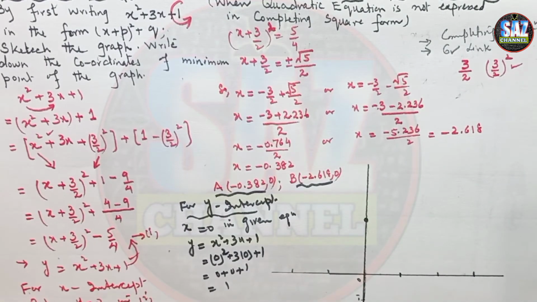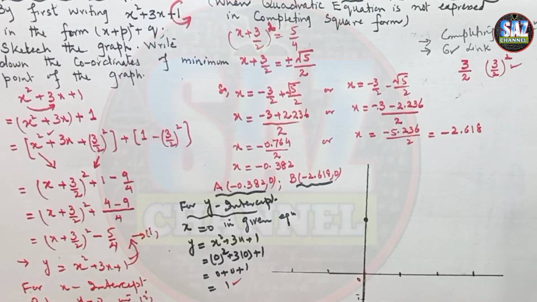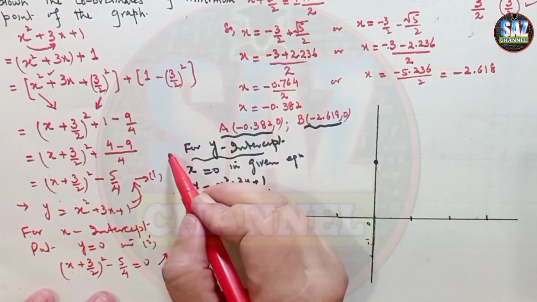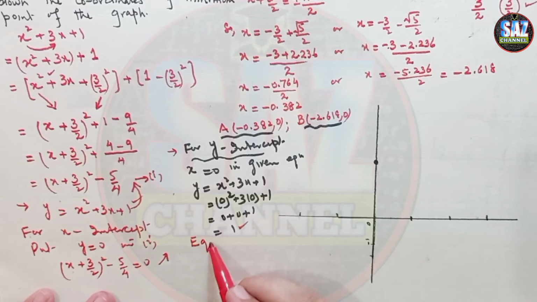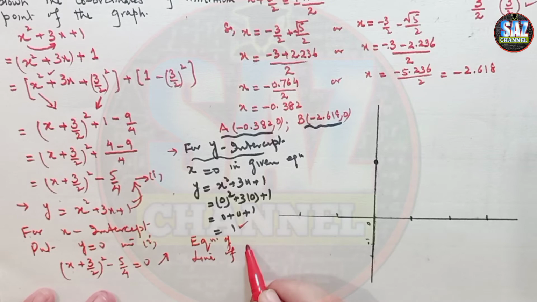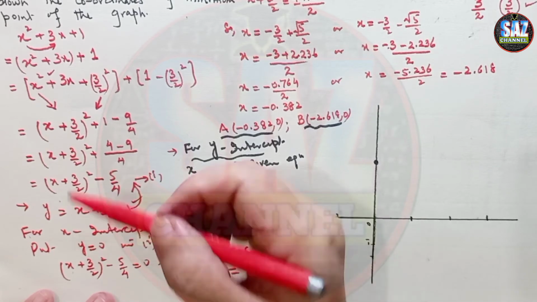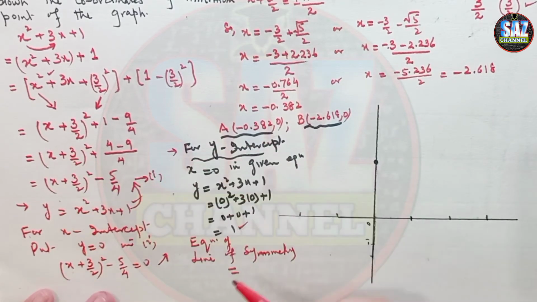Now I have my y-intercept with me, and then we have to decide. The question asks for the minimum turning point and the line of symmetry as well. For the line of symmetry, the equation of the line of symmetry is x equals minus p.